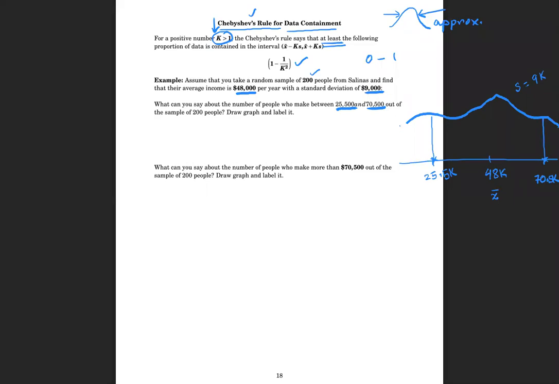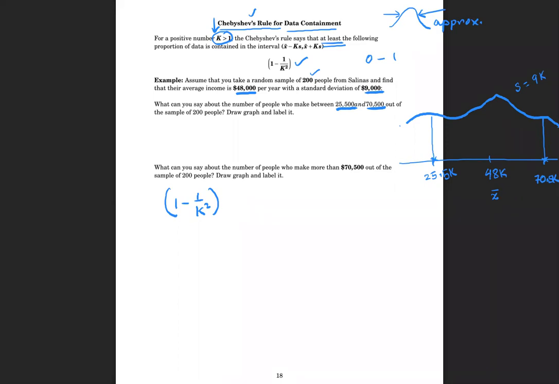Chebyshev's rule tells you the data containment would be 1 minus 1 over k squared. If you want the actual percentage, this is going to be a decimal, so you can multiply it by 100. But let's just leave it there right now: 1 minus 1 over k squared.